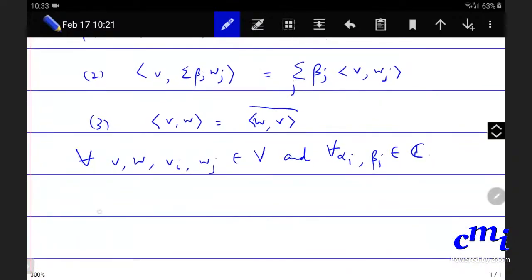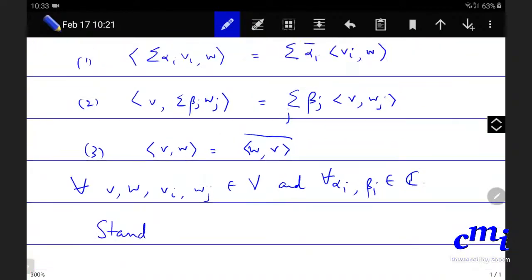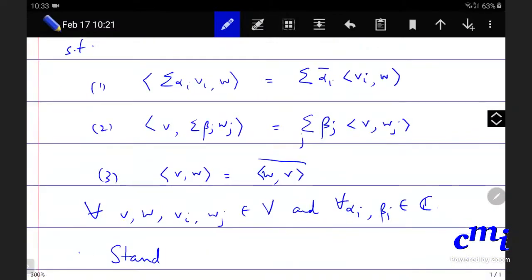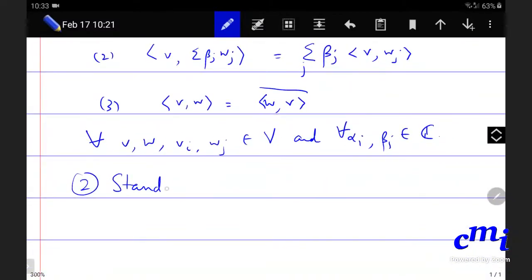And we also talked about the standard Hermitian form on C^n.